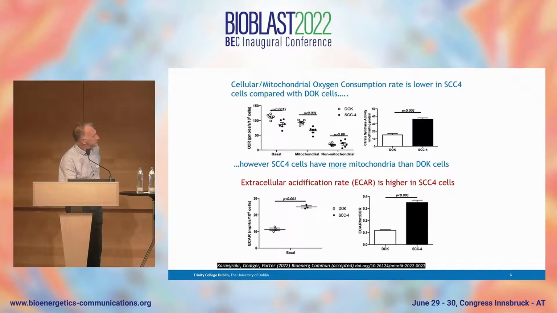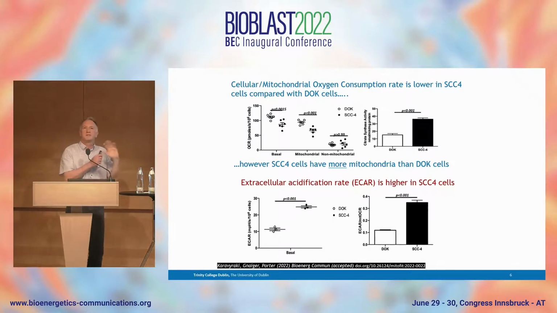There was a difference in cellular oxygen consumption that was accounted for by a difference in mitochondrial oxygen consumption. I think the first thing to say, though, as was alluded to in the previous talk by Dr. Moreno-Sanchez, is that there's quite significant oxygen consumption in these cancer cells. And the point is there's significantly more in the DOC cells.